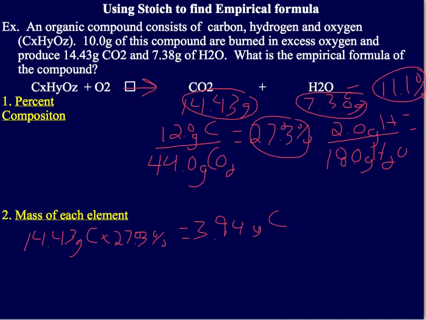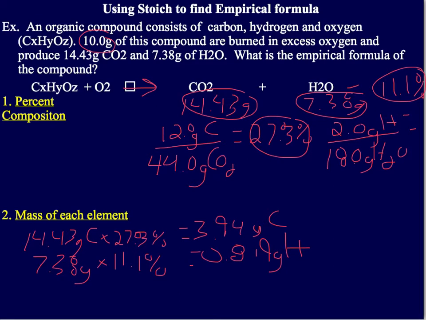So now we know of that starting amount of 10 grams, 3.94 of it is carbon. Next, 7.38 grams times 11.1% equals 0.819 grams, and that's the hydrogen. Okay, so carbon plus hydrogen.